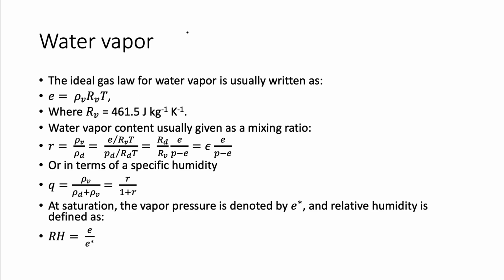And for air, we said this very simple law holds true: PV equals nRT, or another way to write it was P equals rho RT, where this was the R of dry air, which I hope by now everyone has learned or remembers. RD is approximately 287 joules per kilogram per Kelvin.